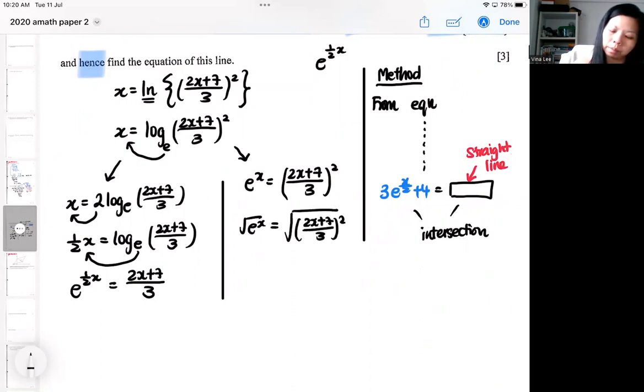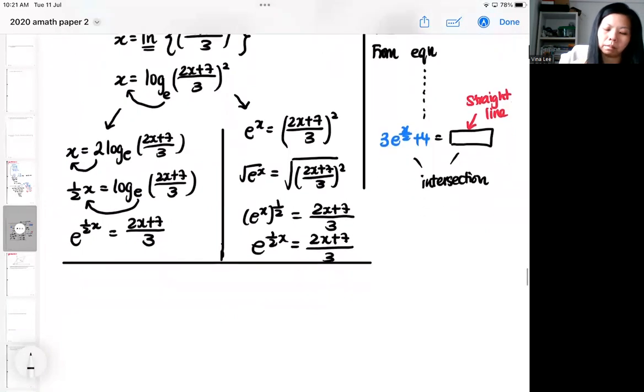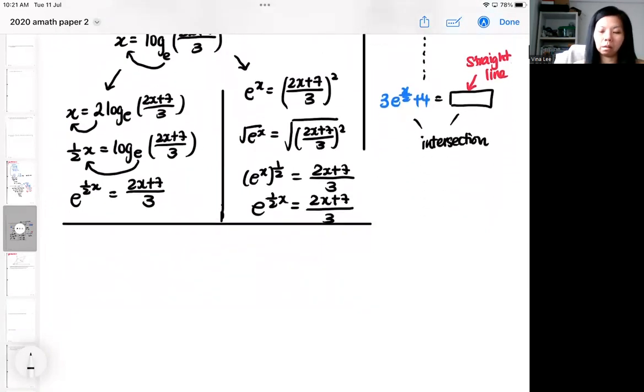So it's your choice, but you do need to remember that square root has a power half. So you come back to the same conclusion here. You make e to the half x the subject. So these are the two methods that you can make e to the half x the subject.